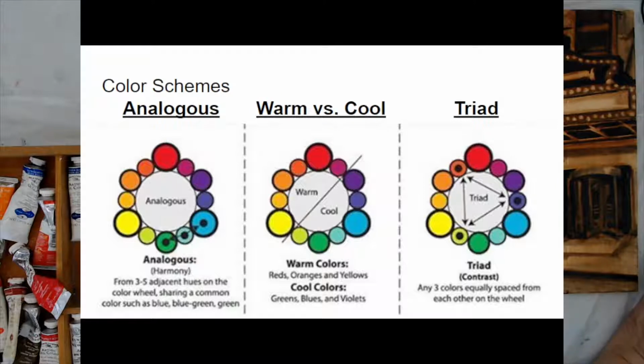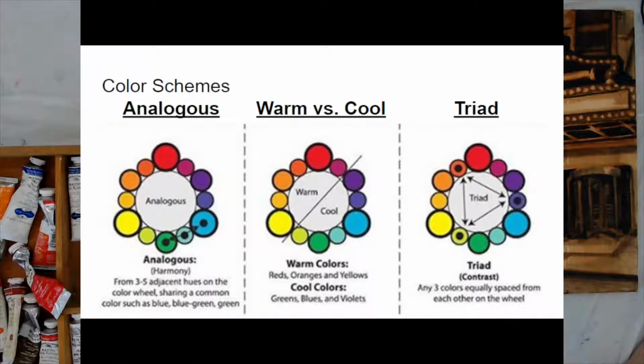So we have more color schemes to pick from. Analogous is an example of color harmony, but with 3 to 5 hues that are next to each other on the color wheel. So in this example, it could be any 3 to 5. Now here in this example, what they have mapped is green, blue, and blue-green.